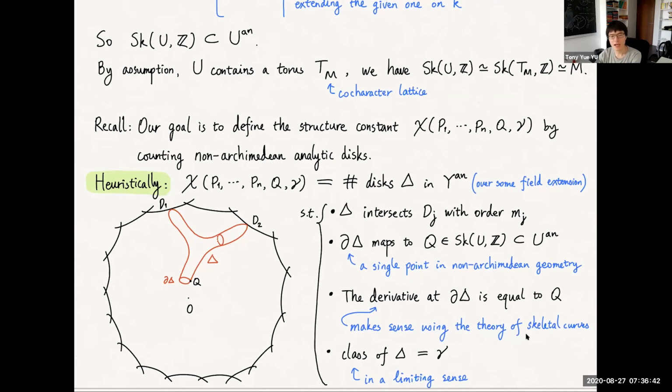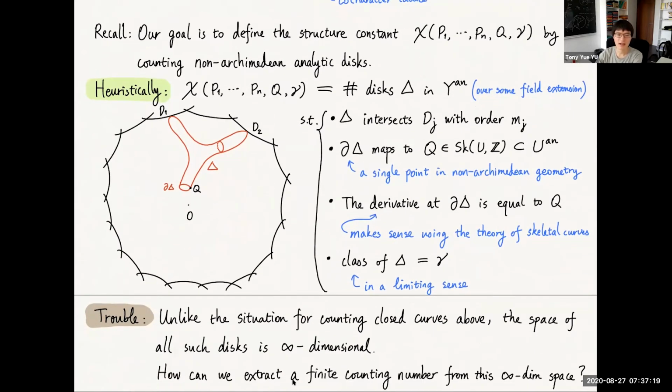I will not have time to explain it in this lecture, but you can just think of it as a heuristic condition. And finally, we ask that the class of the holomorphic disk in the limiting sense is equal to γ. So that's the heuristic idea for the number of holomorphic disks that we count in order to define this structure constant.